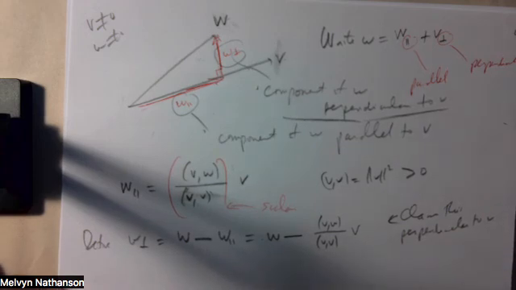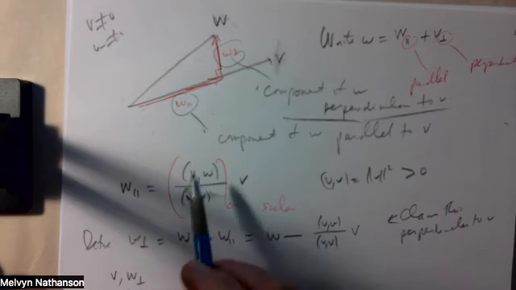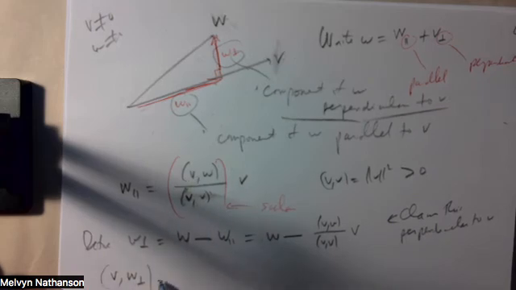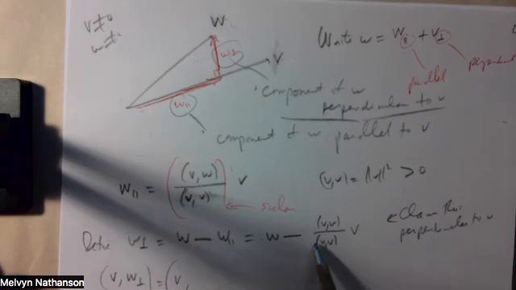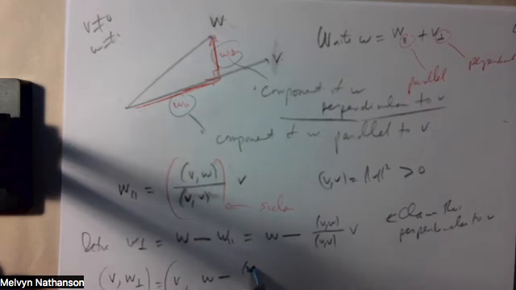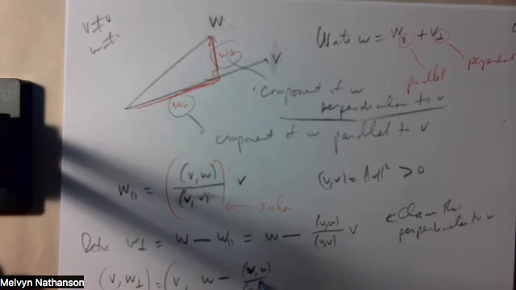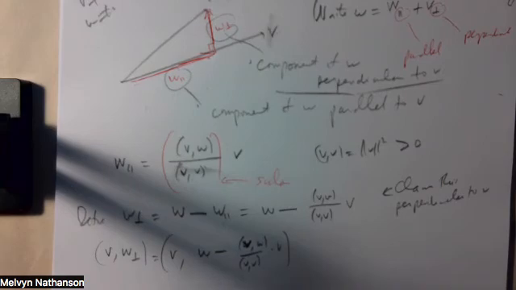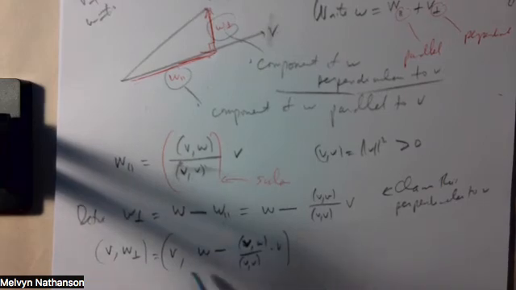So suppose I calculate the inner product of V and W perp. That's the inner product of V with this vector, W minus the inner product of VW over the inner product of V with V times V. And the inner product is almost like a linear transformation.